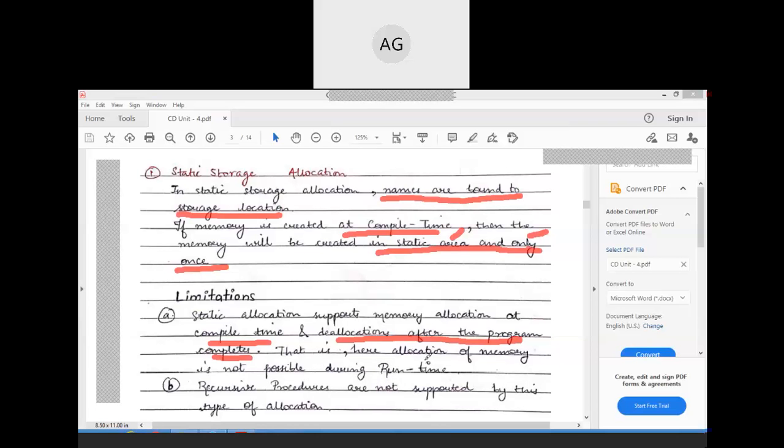That's why this type of allocation of memory is not possible during runtime. The second limitation is that recursive procedures are not supported by this type of allocation. So these are some limitations of static storage allocation.